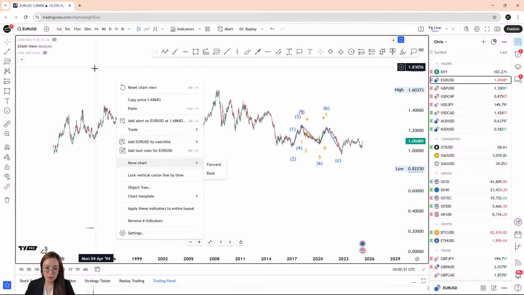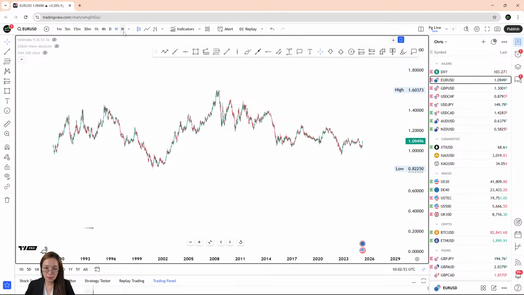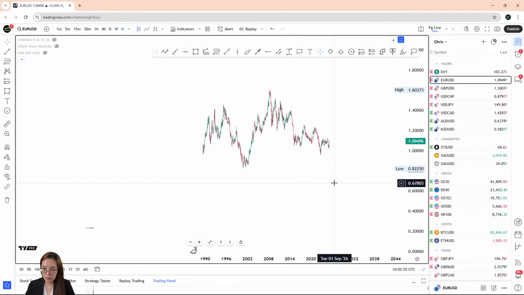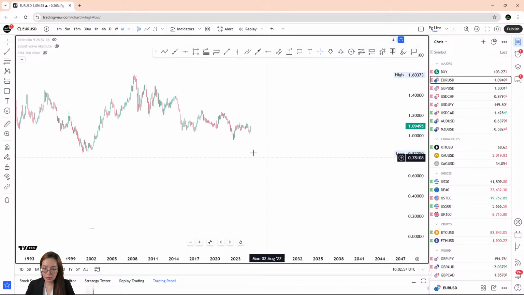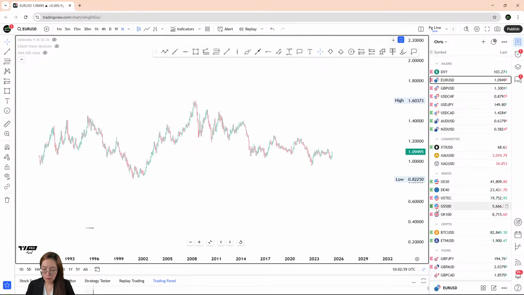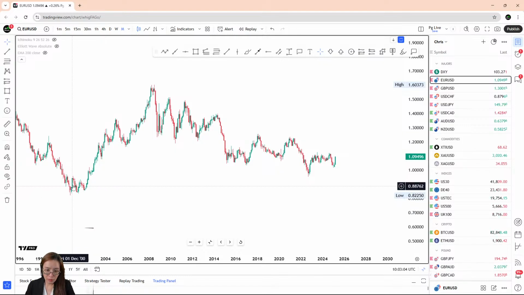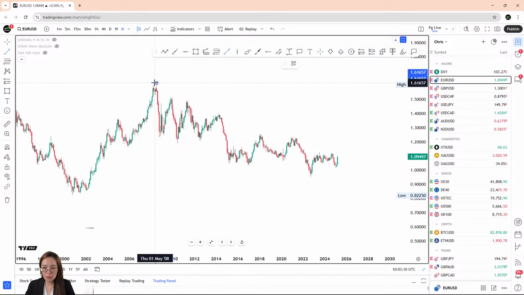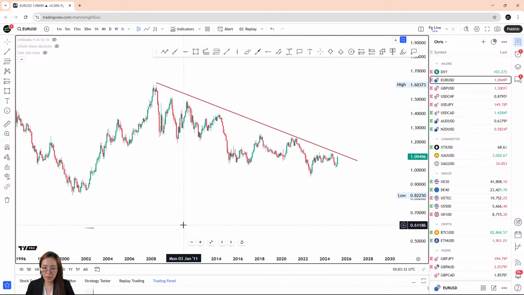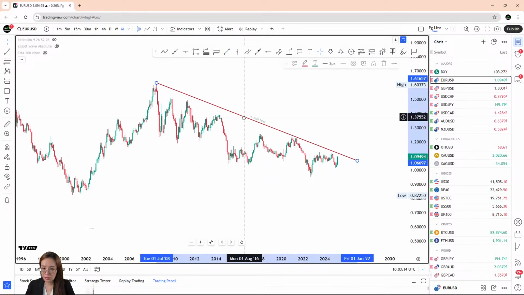Just now they were able to count here 1, 2, 3, 4, 5, and then we are going to ABC that. If we look, it's going to be a downtrend for the monthly time frame for EURUSD.